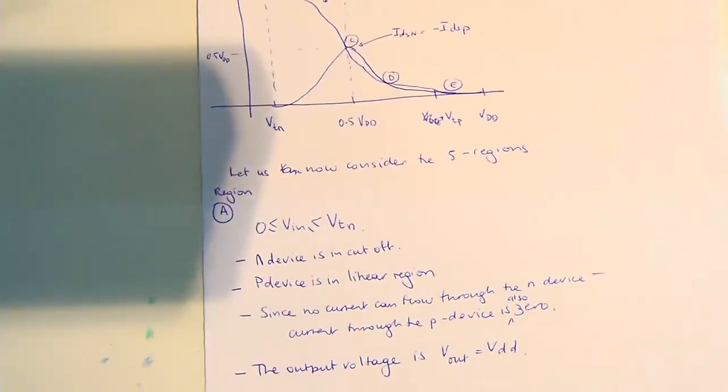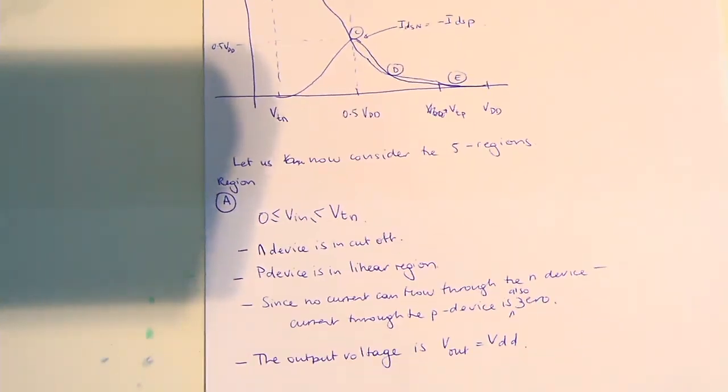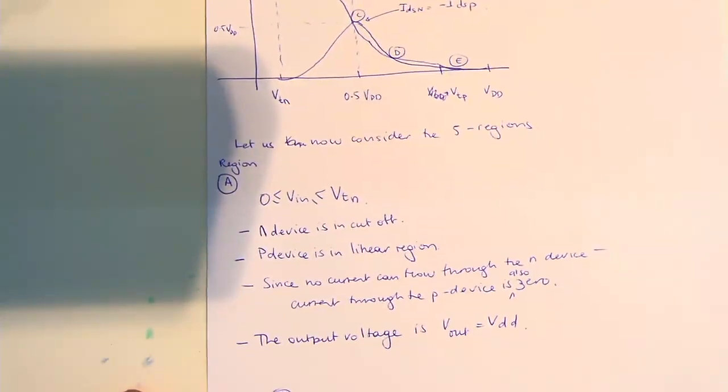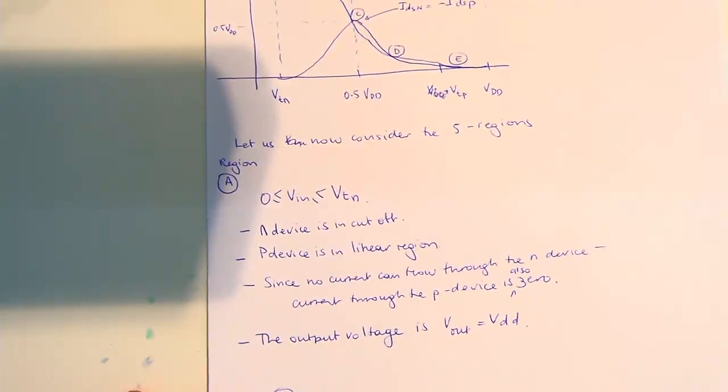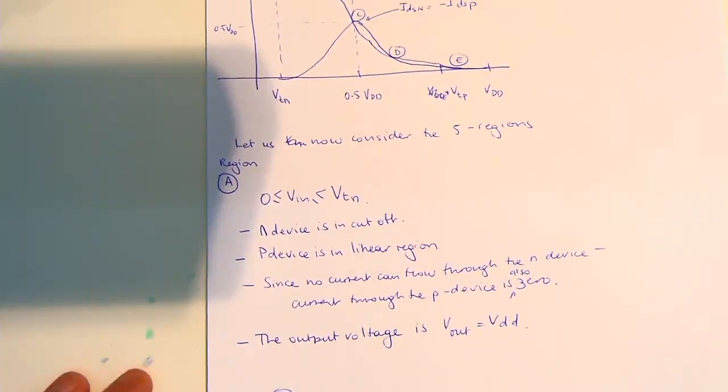Now let's look at the region when the input is greater than the threshold, but less than half the supply rail. Under those circumstances, we can see the P device is again in the non-saturated or linear region. The N device is in saturation, and the P device, being in the linear region, is actually acting as a resistor.